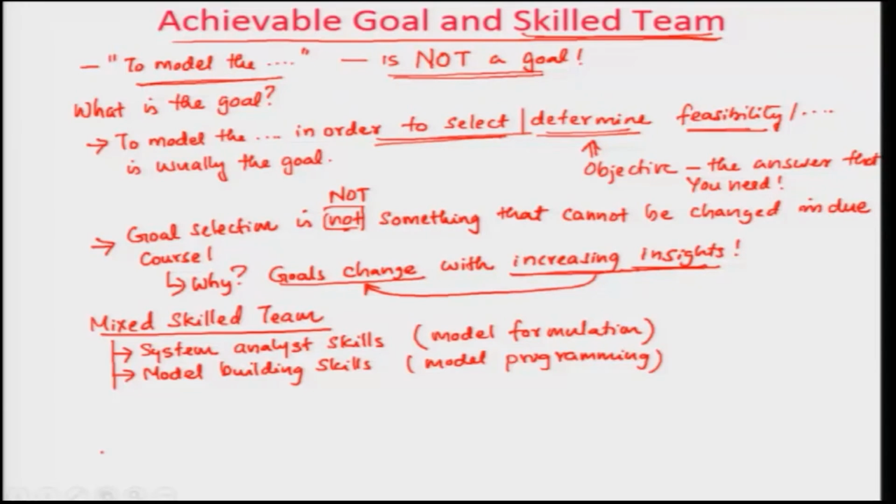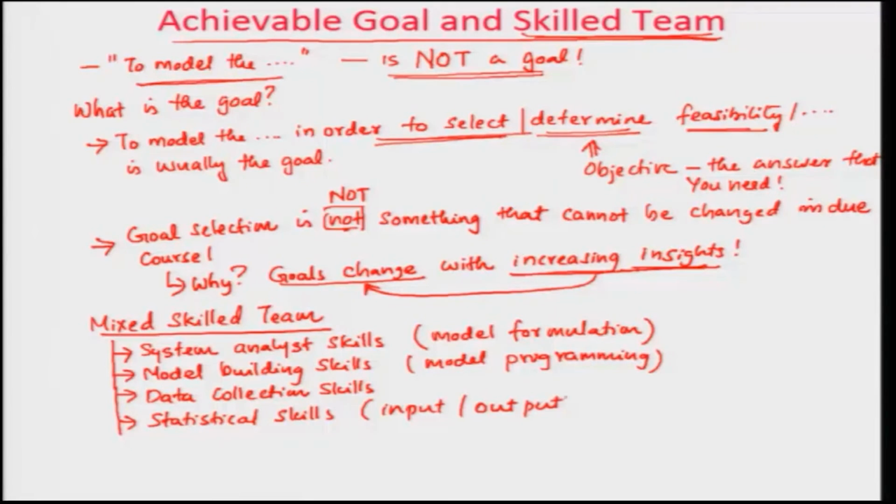Other skills are data collection skills and statistical skills, both input and output data, for data analysis. Then you require management skills, to get everyone to move in the same direction, with the same set of studies.